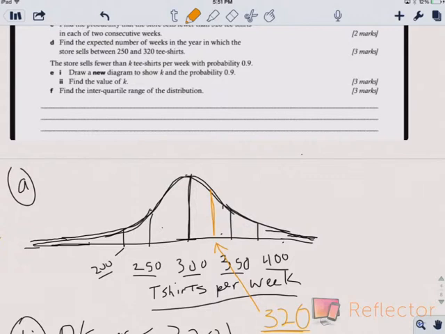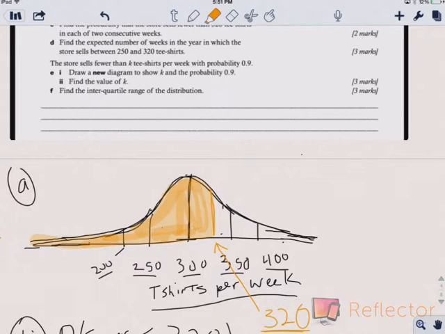Some of the students forgot to label that amount on the diagram, and that is an important piece. Now, also, just to be clear, you're finding the area from here all the way on the left to that 320 mark. You might be tempted to think, well, I'm going to go from 319 down because that's one fewer t-shirt per week.